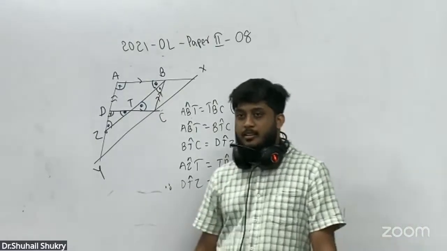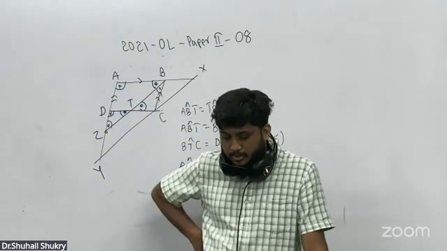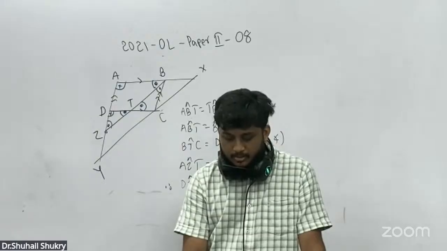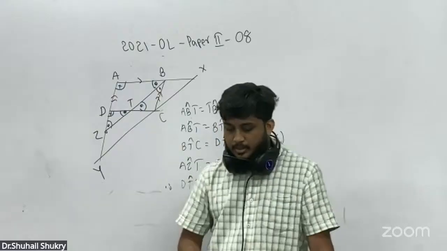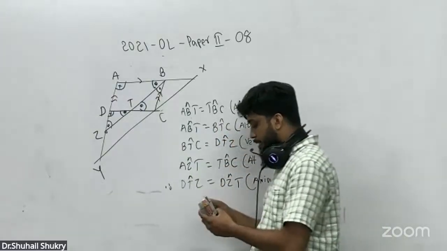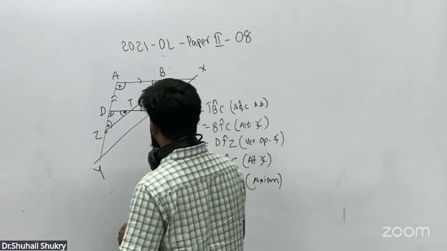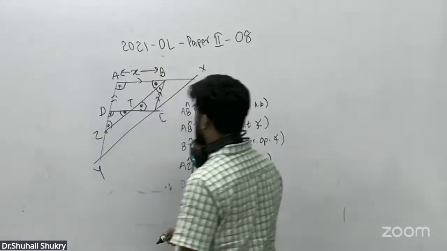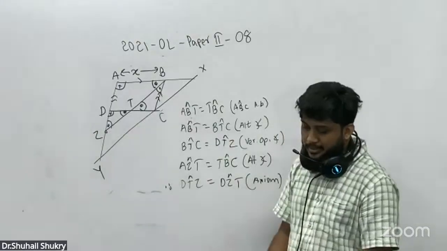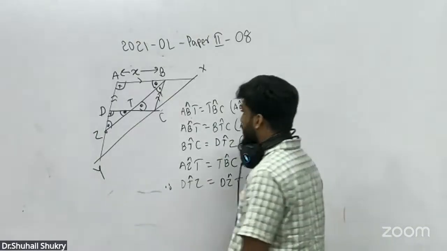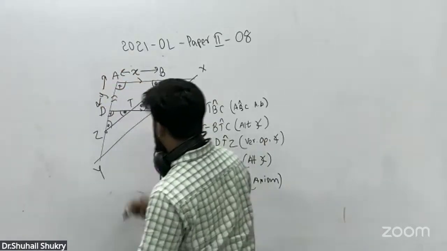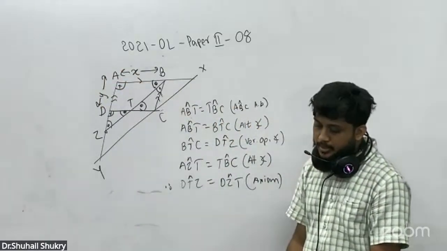Finally, next part. Now what have they asked us to prove? They have asked us to prove AB plus AD. What is AB? AB means we'll take this as X. From here, A to X, AB is X. Then plus AD. What is AD? This one we'll take as Y. Then they are asking to prove BX.